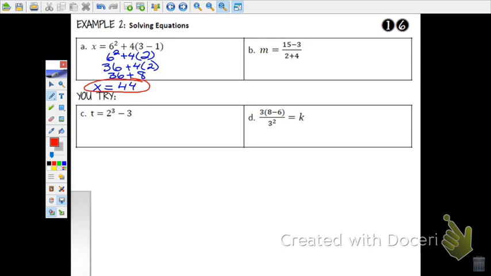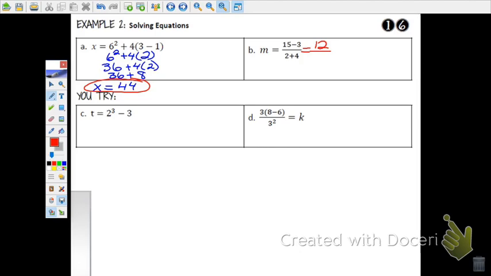With that second example, we talked before with our order of operations that division or fraction bar is a grouping symbol. So I need to work the numerator. 15 minus 3 is 12.